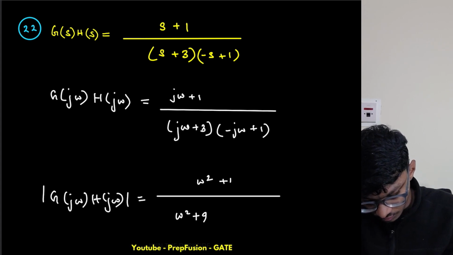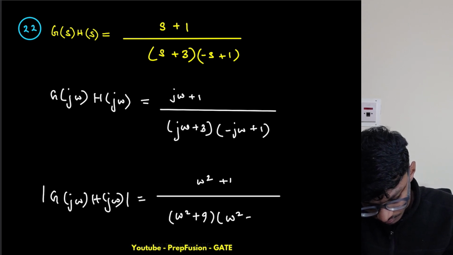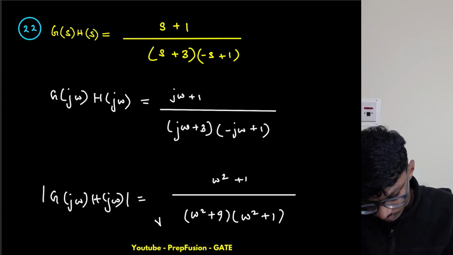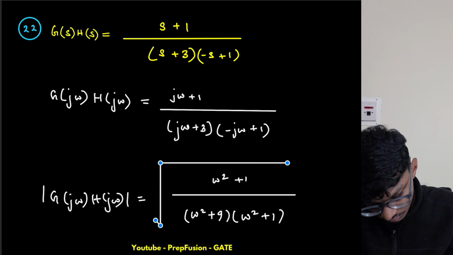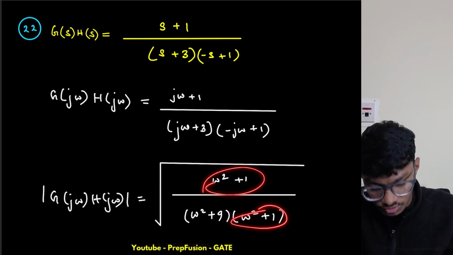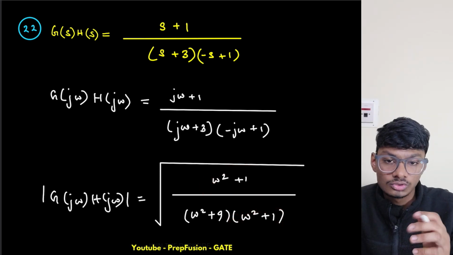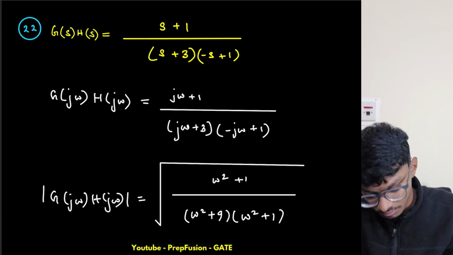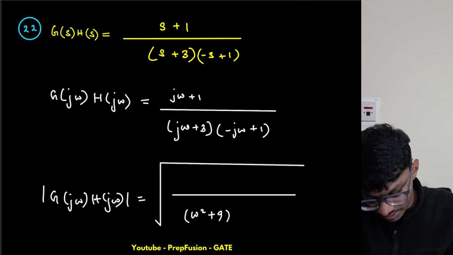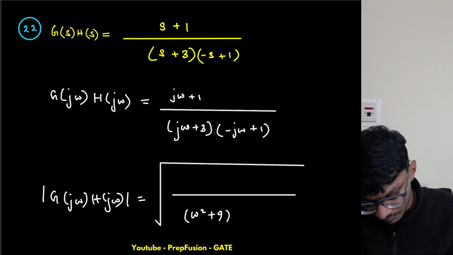I will put this over the whole thing under root. So what happens is that these two cancel out, because the magnitude is the same. But in phase, what will happen? These two will become twice. I will explain that. For now, you will see omega square plus 1 in the numerator and omega square plus 1 in the denominator. So obviously these two will cancel out, and I will be left with only 1 by root of omega square plus 9.